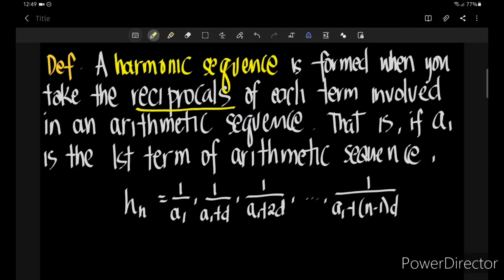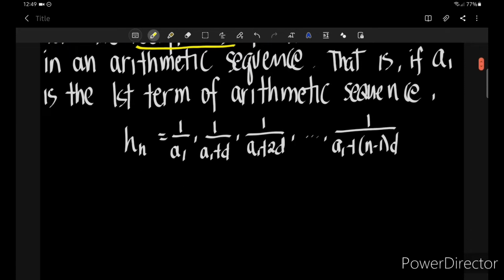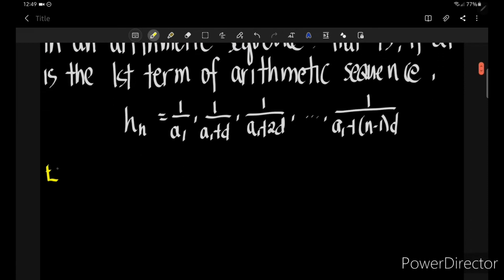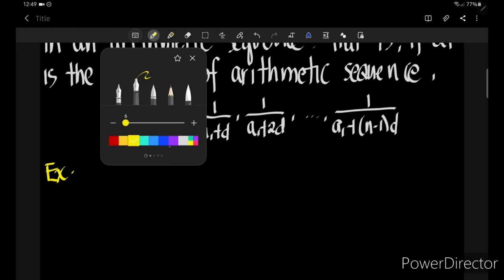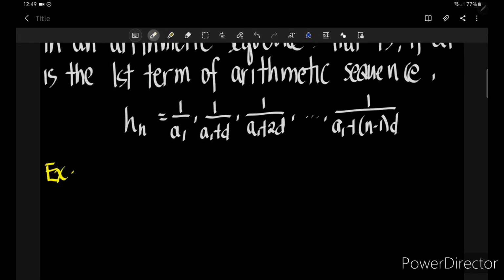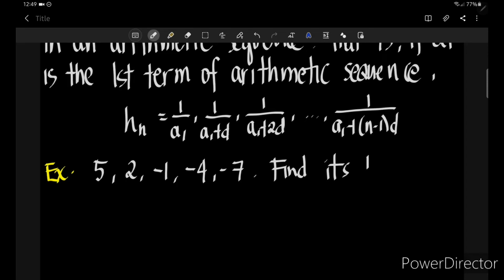Let us give an example. Example. If the first 5 terms of arithmetic sequence is 5, 2, negative 1, negative 4, and negative 7, find its harmonic sequence.